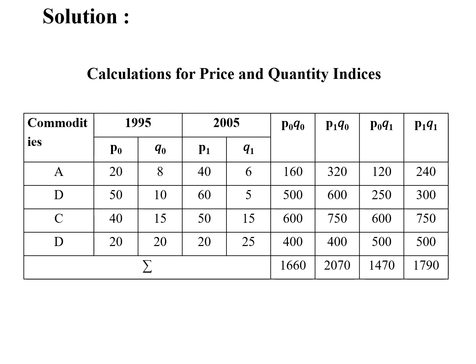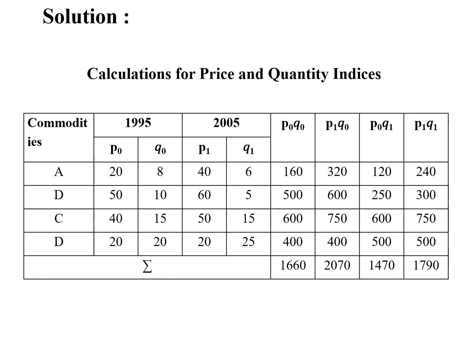The first one is P naught into Q naught: 20 into 8, 160; 50 into 10, 500; 40 into 15, 600; 20 into 20, 400. Next one, P1 into Q naught: 40 into 8, 320; 60 into 10, 600; 50 into 15, 750; and 20 into 20, 400.